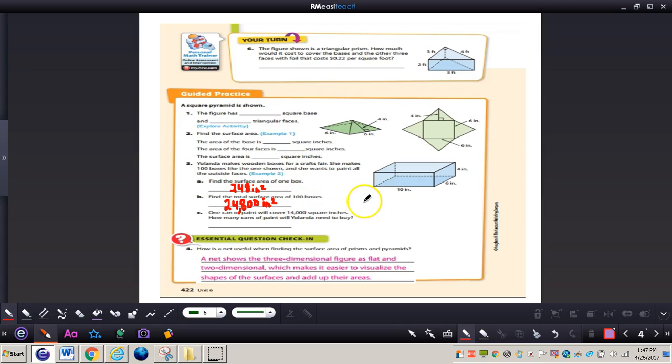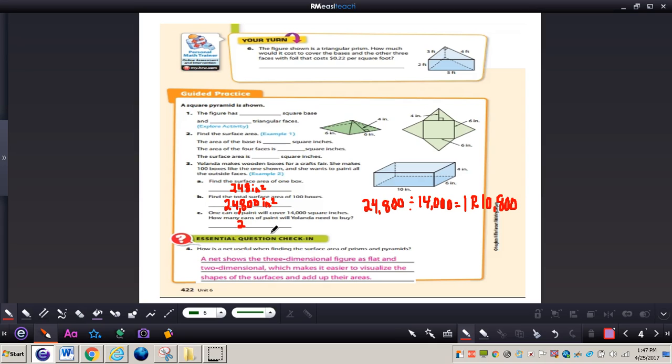So we have 24,800. We're going to divide that by 14,000. That's going to equal 1 with a remainder of 10,800. And since there's a remainder, how many cans of paint will she need to buy? She'll need to buy 2.